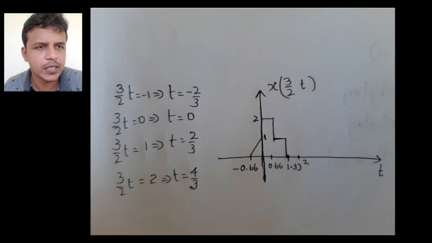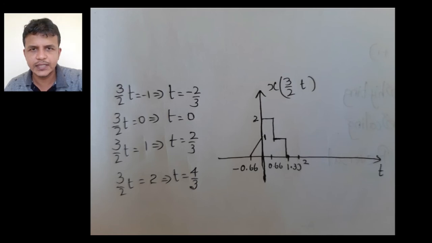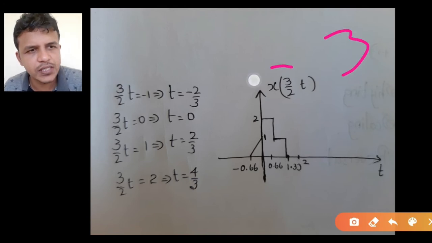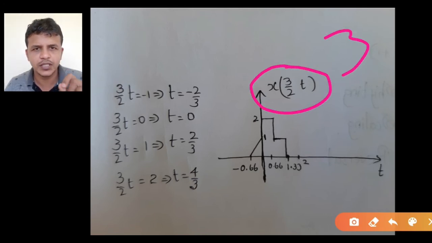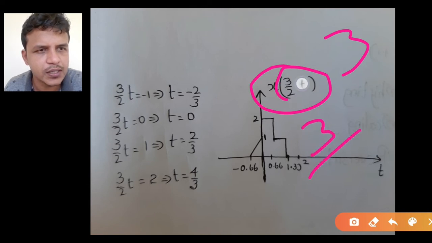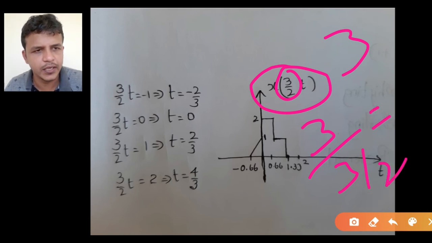The actual x of t is extending for a duration of 3 time units, and when we perform this x of 3 by 2 of t operation, the entire signal will be in the range between -0.66 and 1.33, which is nothing but 2 units. We got these 2 units by doing this operation, 3 divided by 3 by 2, which is 2 units.